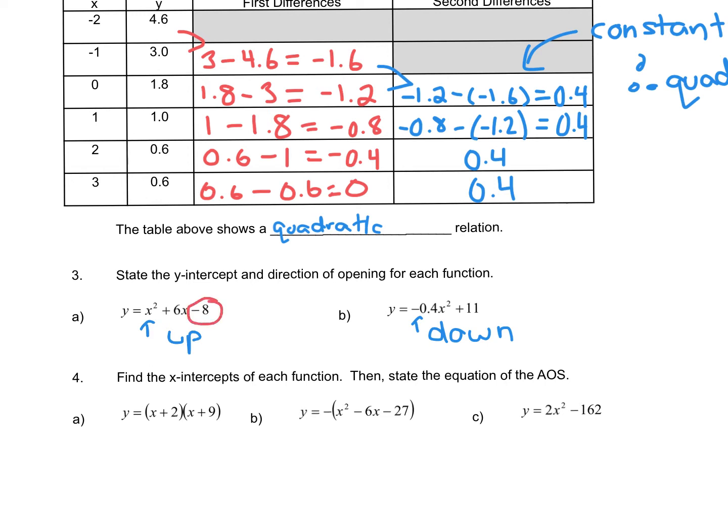You're just looking at the last value. So we know the y-intercept is (0, -8), and in this situation, it's (0, 11). So right there, you can already sketch a little diagram because you know what the vertex is and you know it's opening down, or like that. This is opening up.